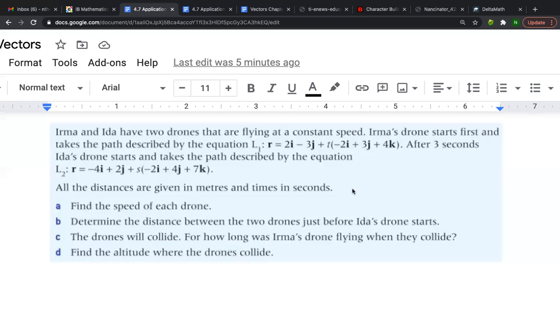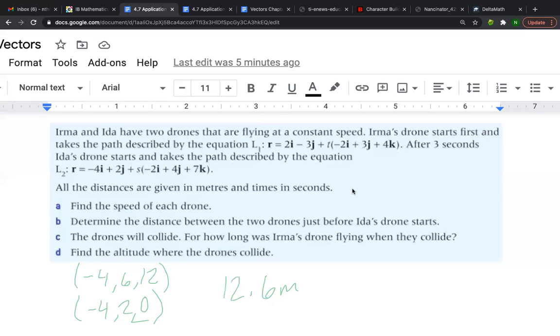Those are the values that you plug in. The points you should end up getting are -4, 6, and 12 for Irma. And for Ida, you get -4, 2, 0. Now, what you should do here is plug those into your distance formula to find the distance between them at these 2 points. And you should get 12.6 meters.